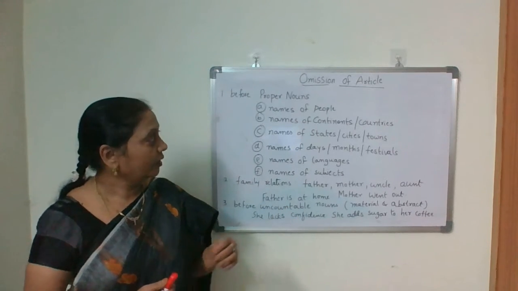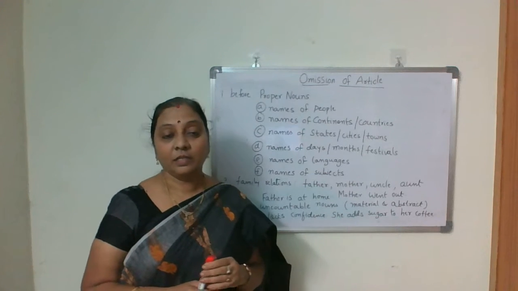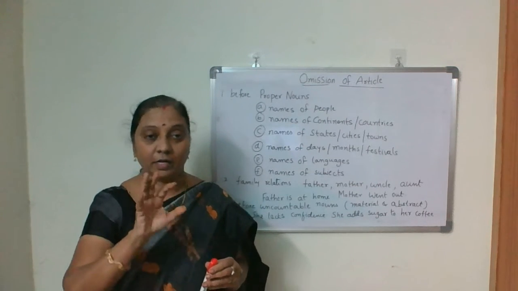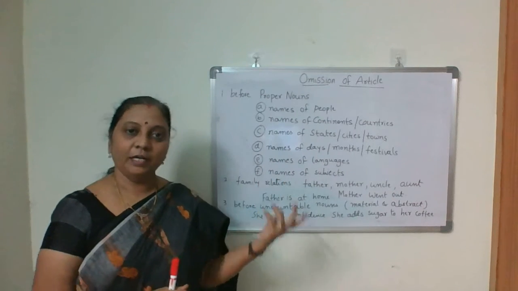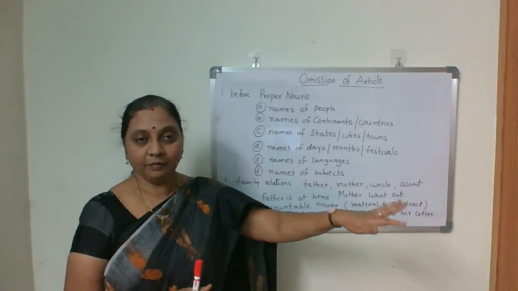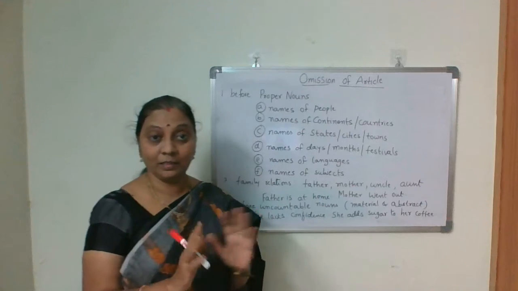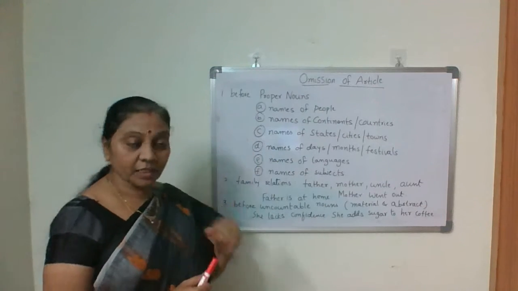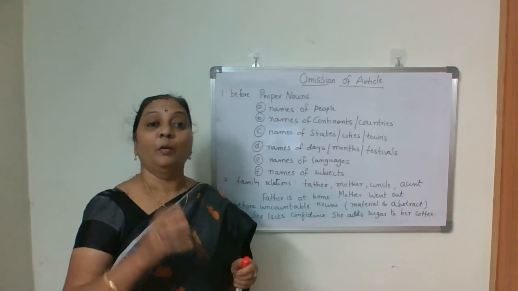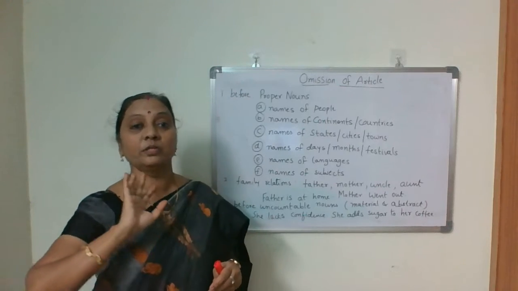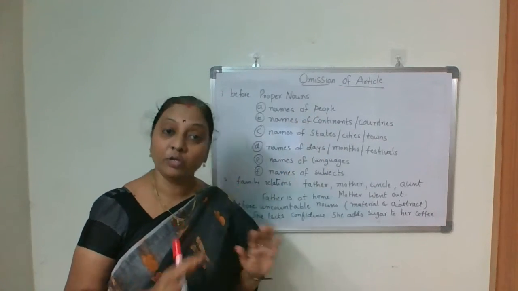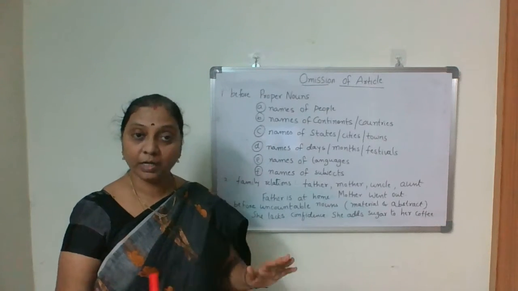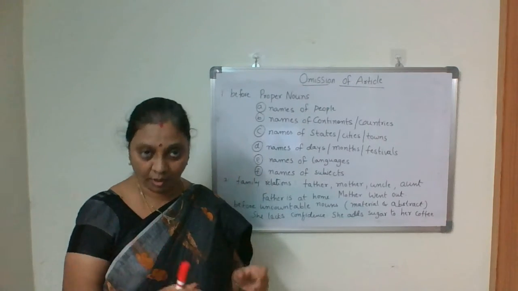So far we learned the usage of articles a and the, both the indefinite article and the definite article. Completely we learned that. Today, in this video, we see when we don't use an article, in which cases an article is not required at all, or no article, which we also call zero article.